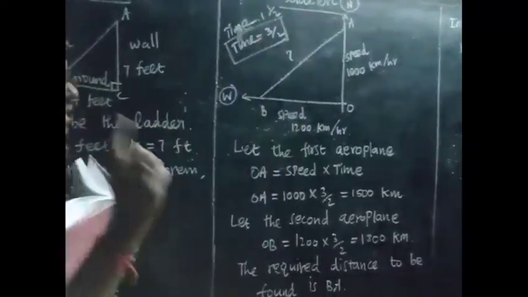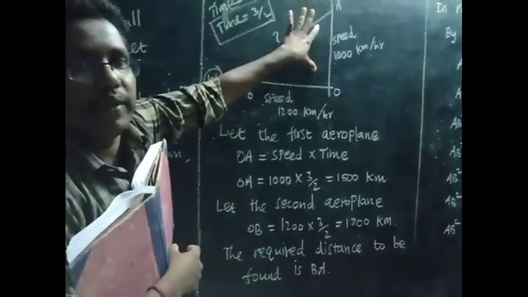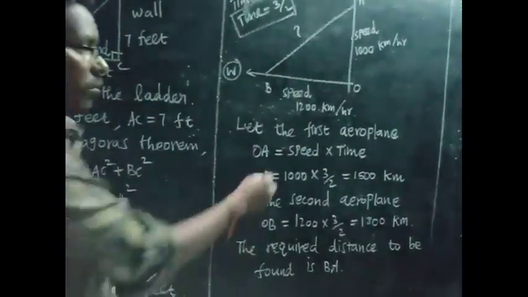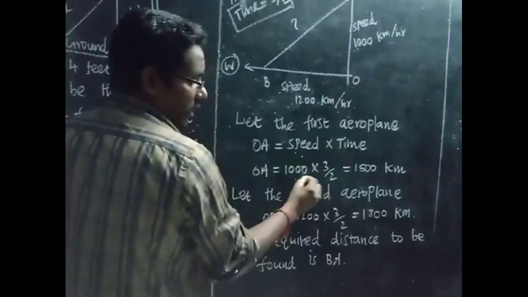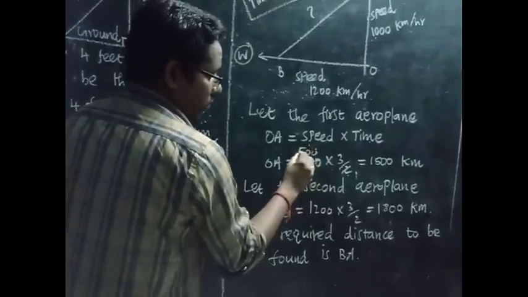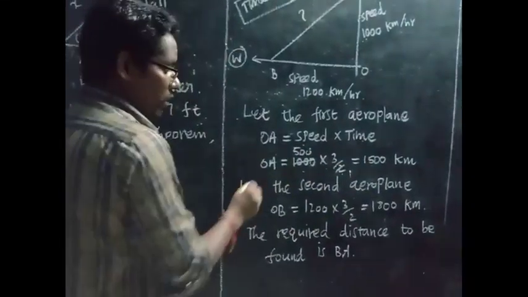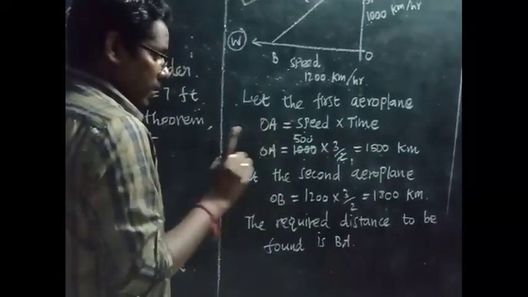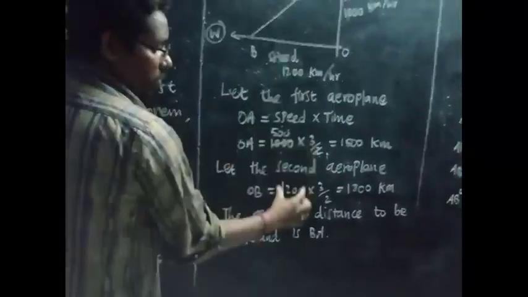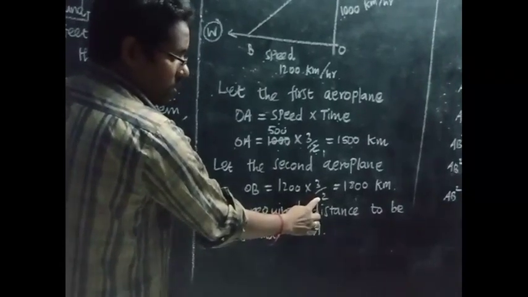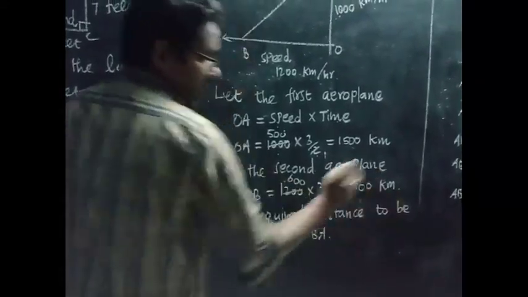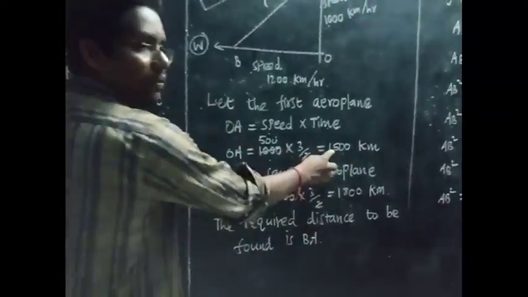Take the first aeroplane: OA equals speed into time, 1000 into 3/2, that equals 1500 kilometers. Next, the second aeroplane: OB equals speed into time, 1200 into 3/2, 600 into 3, that equals 1800 kilometers.